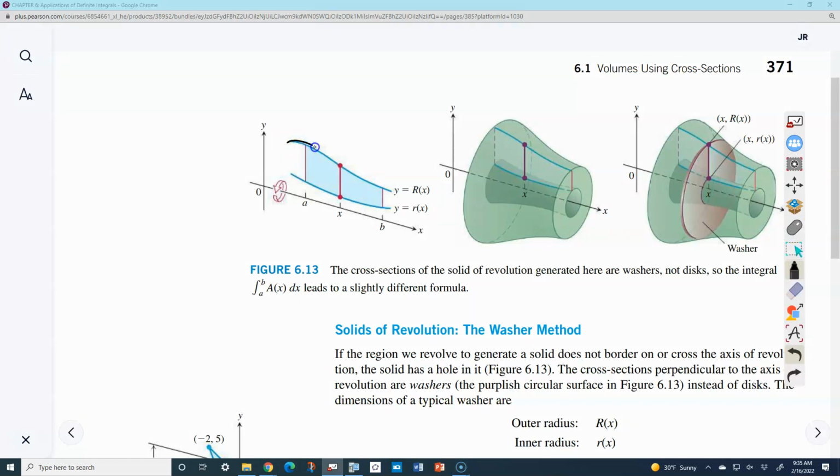If you have this weird curve and this weird curve, and you're making a region out of that, and then revolving that region about the x-axis, it's because it doesn't go all the way to the x-axis that there's a hole cut out of that thing. Something like that. And that's how you get this fancy green lampshade right here.